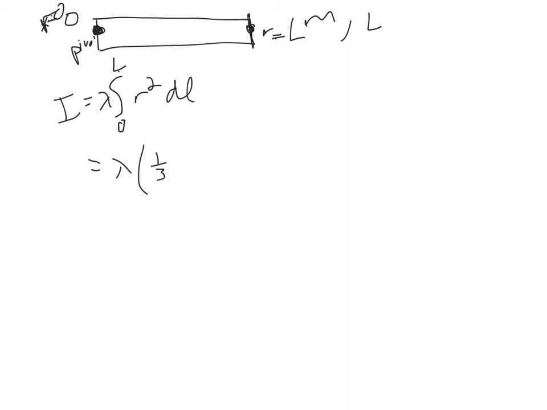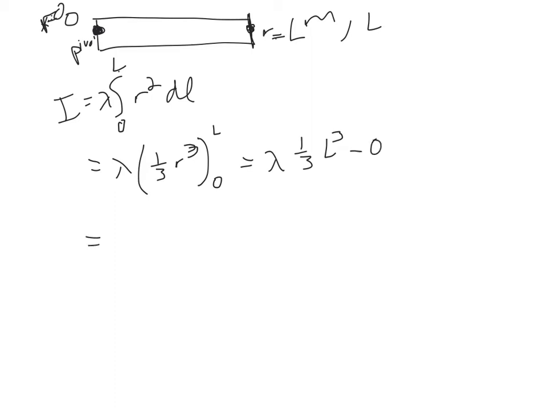I said before that this is 1/3 r cubed, and now my bounds are L to 0, so I end up getting lambda times 1/3 L cubed minus 0.